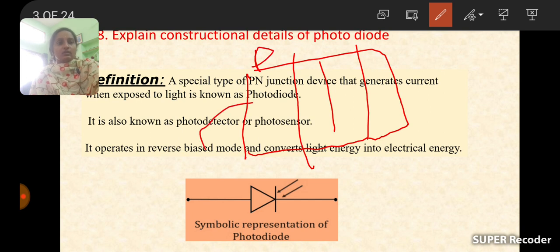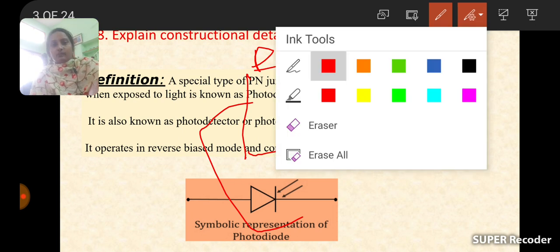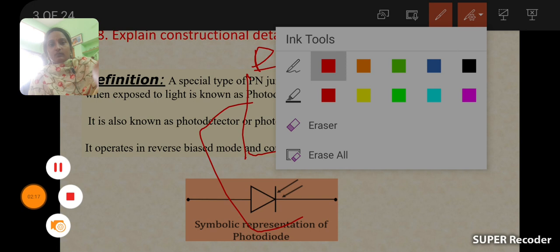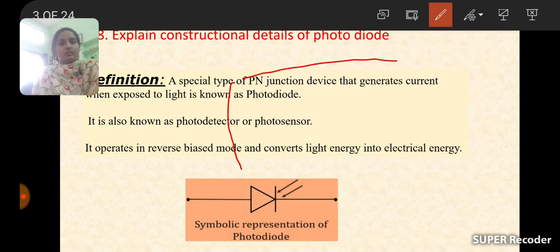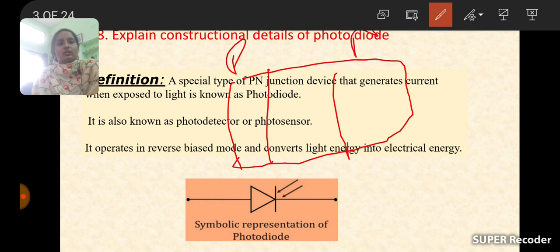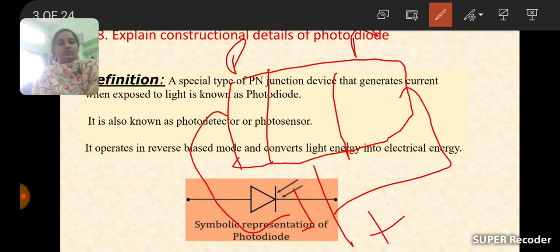So here the P is connected to the negative terminal and N is connected to the positive terminal, so that the diode works under reverse bias condition.